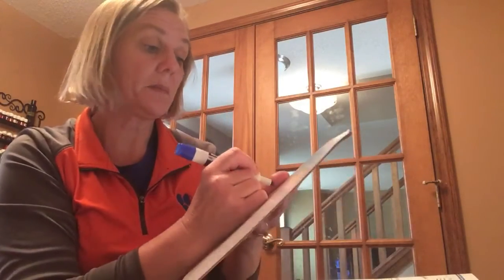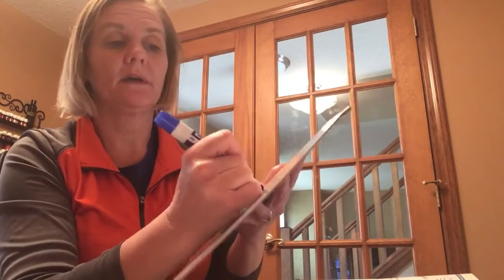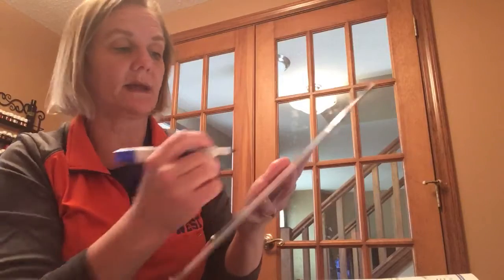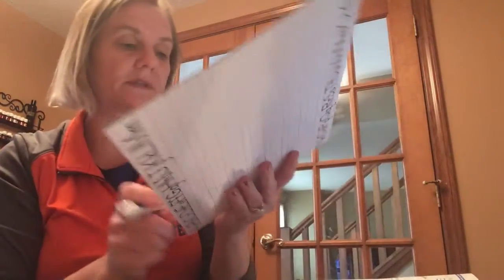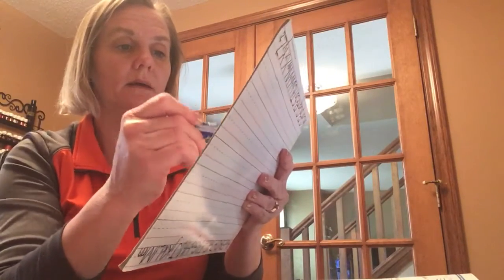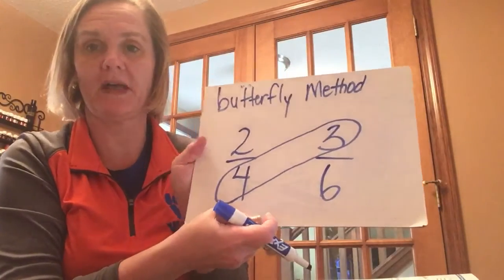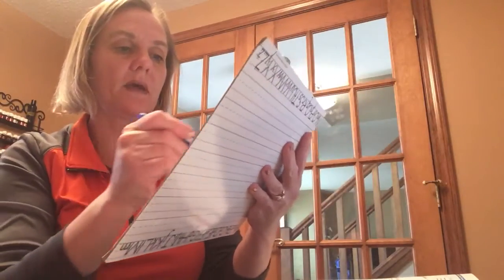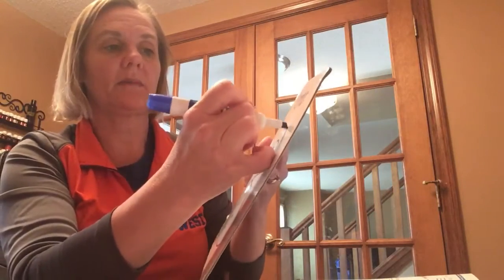All right, so I'm going to compare 2/4 and 3/6 this time. Okay, so 2/4 and 3/6. So I'm going to put my diagonal butterfly wing and my other diagonal butterfly wing, and I'm going to give it my antennas.